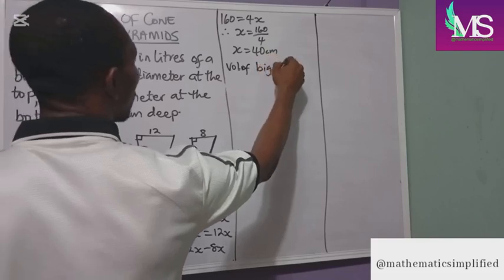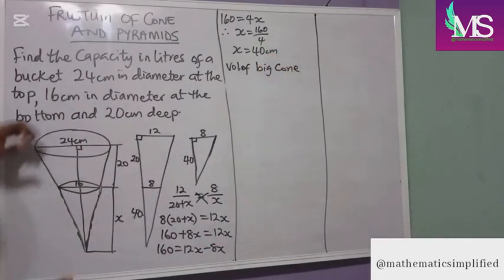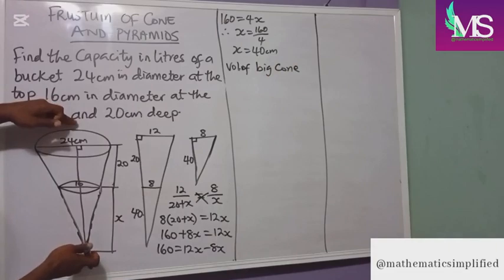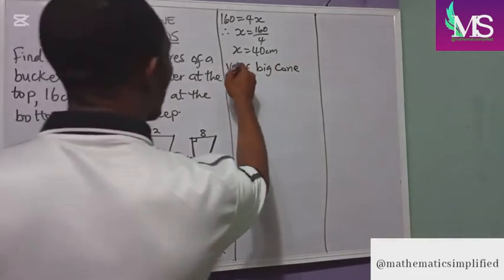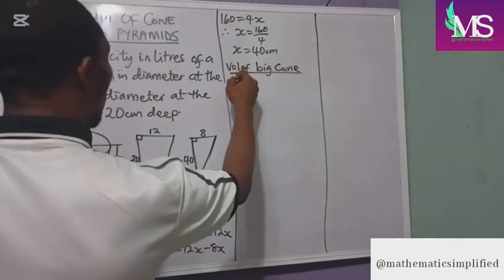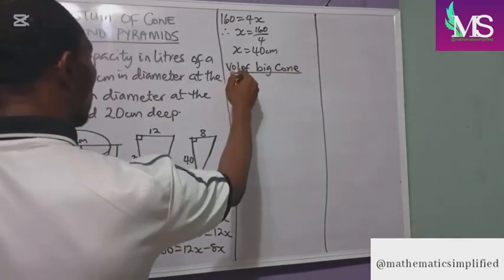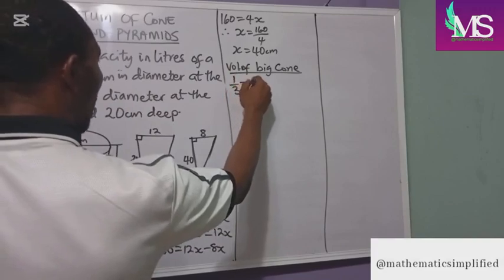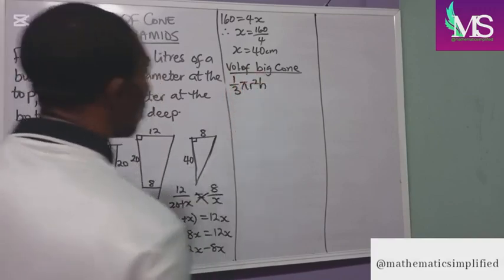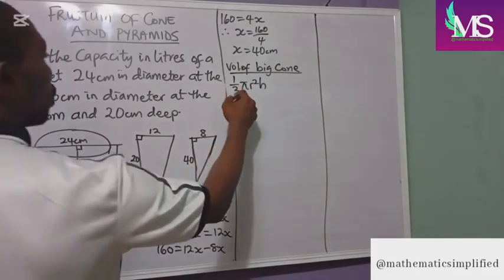Alright, our big cone is this entire cone. Alright, volume of big cone, we have it as 1/3 pi r squared h.